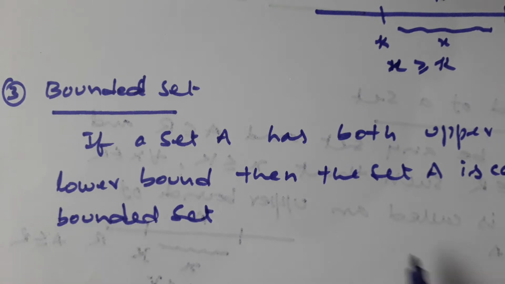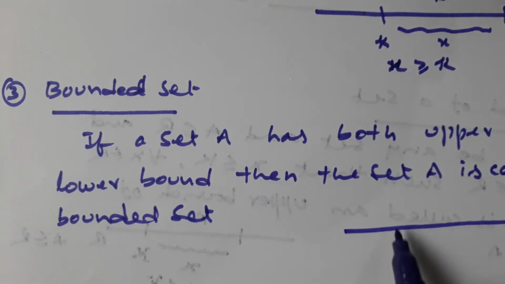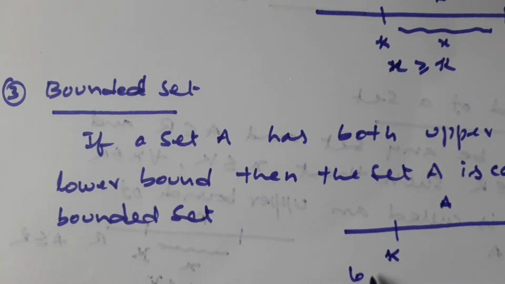See that. Suppose this is the set A in the real line. If it has a lower bound and capital K is the upper bound for the set A, then this set A is called a bounded set.